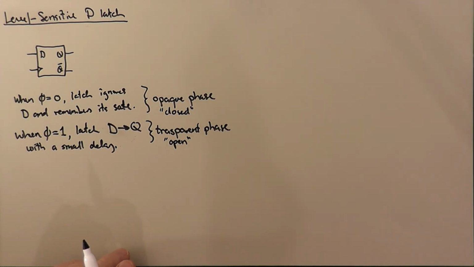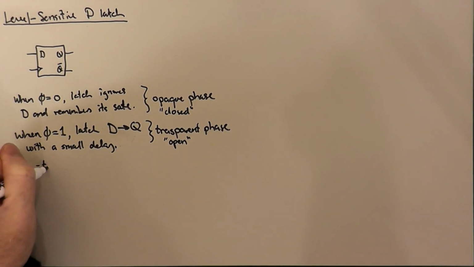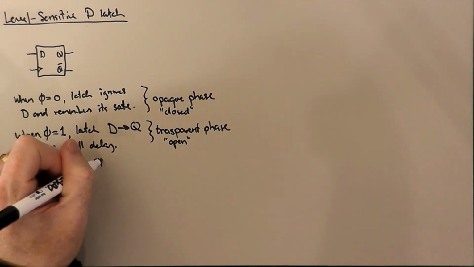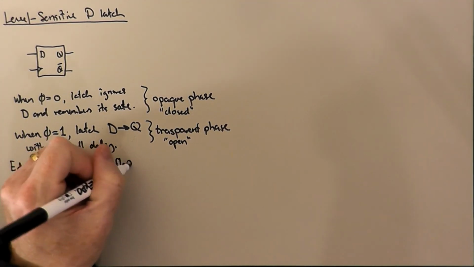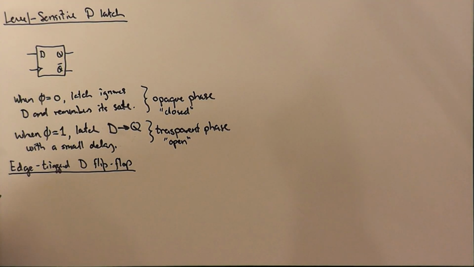I want to talk about now how we can make what's called an edge-triggered flip-flop from these things. An edge-triggered flip-flop is very similar in concept to a D latch.